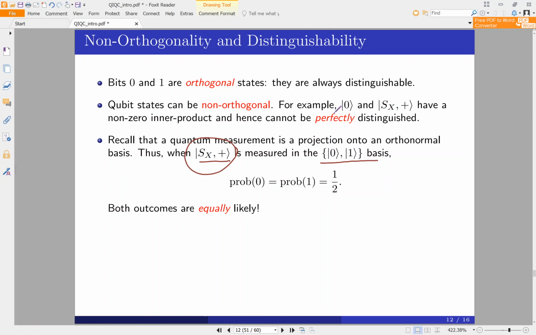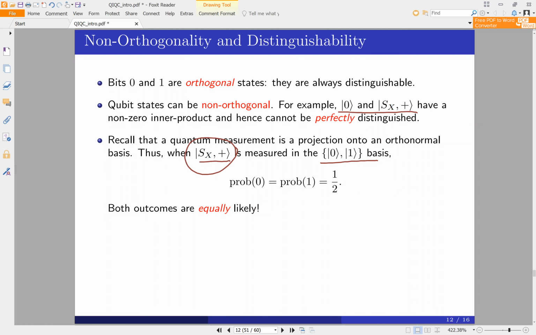And now you understand why I cannot distinguish these two states perfectly. Because I either have to measure in sigma z basis or I have to measure in sigma x basis. If I measure in sigma z basis, half the time I'm going to get ket 0 and half the time I'm going to get ket 1. On the other hand, if I measure ket 0 in the sigma x basis, similarly, half the time I'll get the outcome plus half and half the time I'll get the outcome minus half.